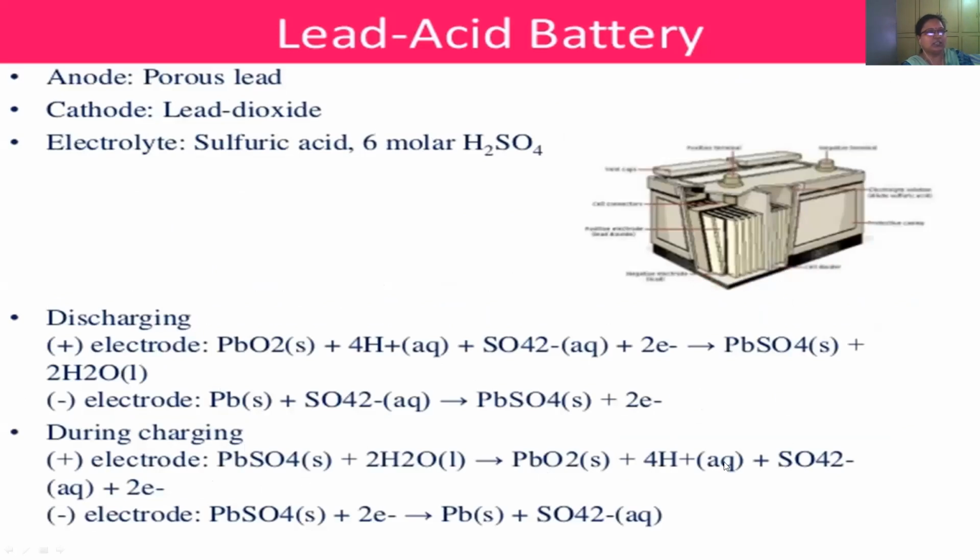So you are getting back lead and lead dioxide. These are the charging and discharging reactions. A lead acid battery gives 12 volts, that is 6 into 2. Six cells connected give 12 volts, which means each cell gives 2 volts. This is used mainly as a car battery.